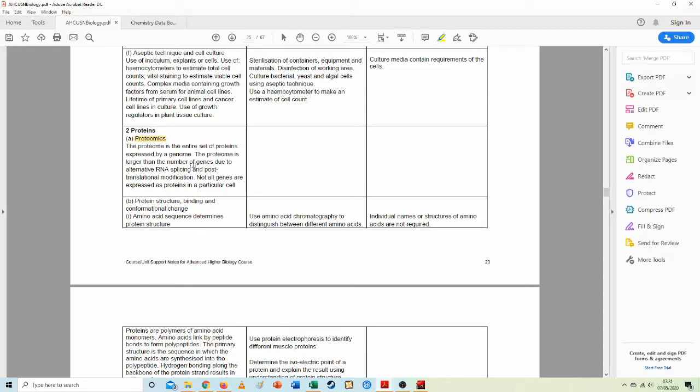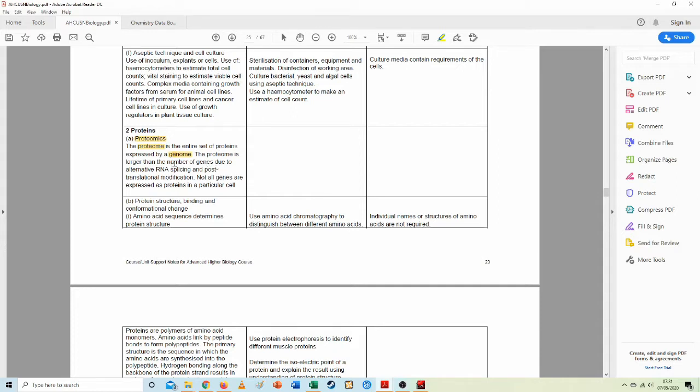So I'm basically being told here that I've got to cover what the proteome is, and that I've got to go back and really cover the genome as well.